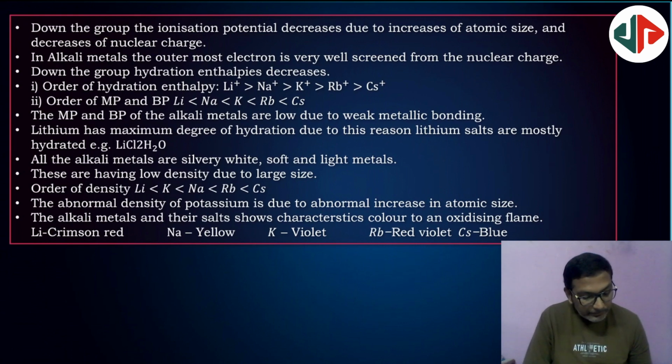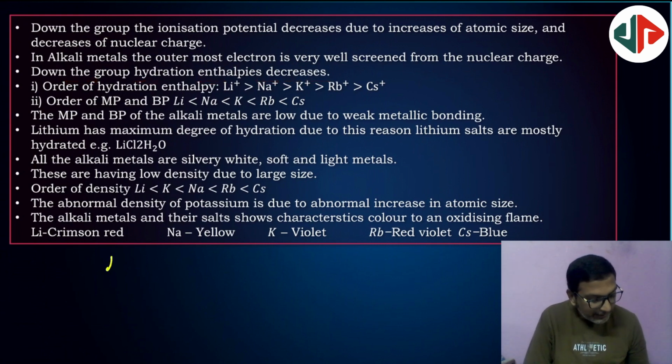Next, in alkali metals, the outermost electron is very well screened from nuclear charge. The screening effect of inner electrons will be more. Therefore, it is very easy to remove the last electron. Down the group, hydration enthalpies decrease.